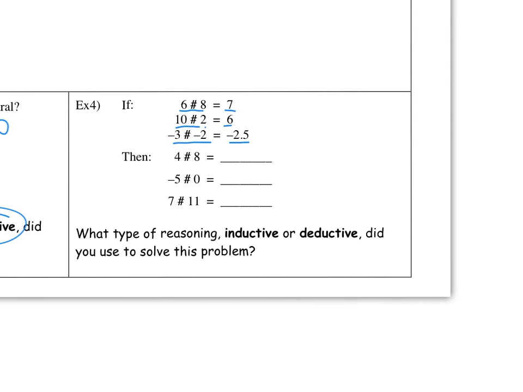Okay, so like how in between 6 and 8 is 7, and how 2 to 10 is 6. I was just asking, what is 4 hashtag 8? Oh, that's 6. Do you agree with that? Yes. Okay. Does anybody know what -5 hashtag 0 is? Negative 2.5. Does everybody agree that it's -2.5? Okay. What's 7 hashtag 11?